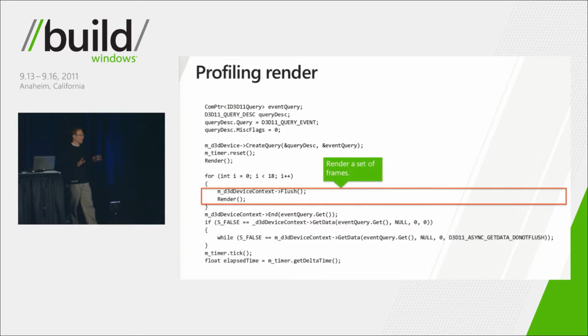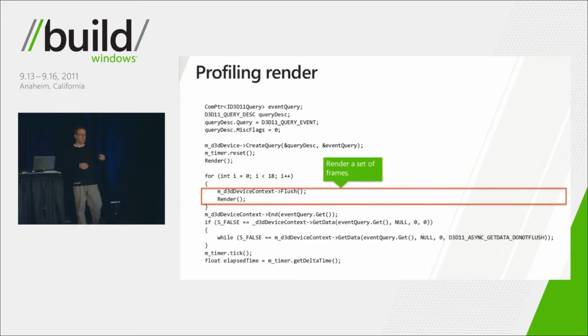So the key thing here is you want to render a set of representative frames to give you an idea based on what your application is going to do, whether it's geometry limited, whether it's fill limited, or a combination of how the balance goes between the CPU and GPU. So one of the things you want to think about is what is in that render code.